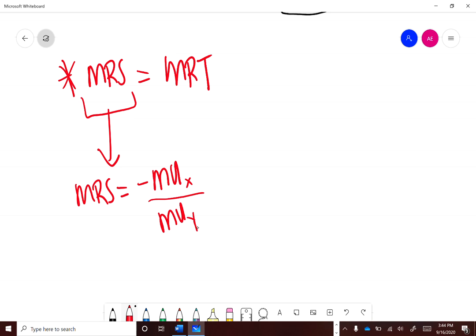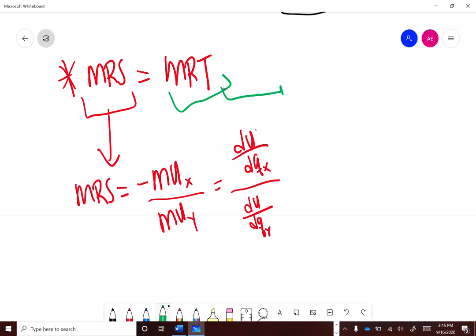So let's write that out: dU/dQx over dU/dQy. dU/dQx just says how the utility function changes when the quantity of x changes, right? And we do the same thing for y. Now MRT on the other hand is negative P of x over P of y. Right? This is the slope of the budget constraint.